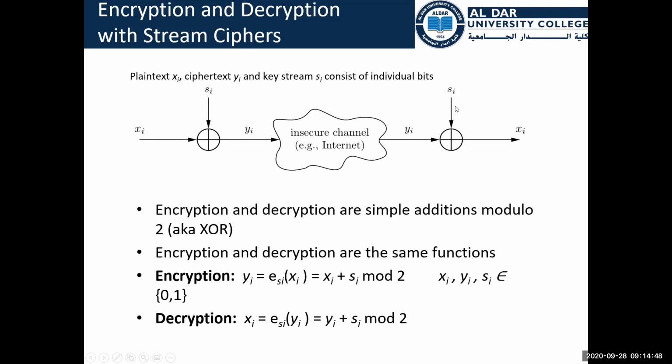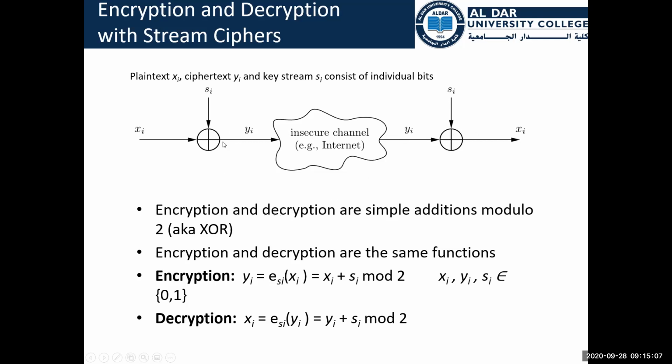The recipient will do the opposite. The opposite in XOR is simple. It is the same XOR. I will show you in a minute why XOR is the same in encryption and decryption. The same functionality will lead to the plain text.